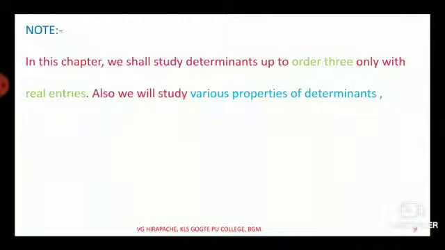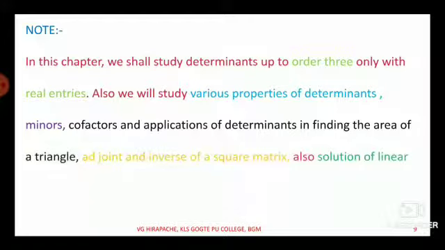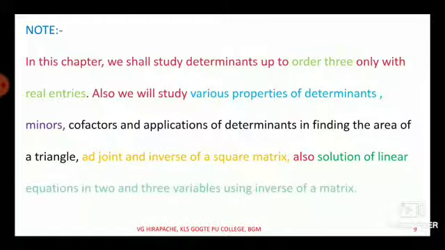Also, we will study the various properties of determinants, finding minors, cofactors, and applications of determinants in finding the area of a triangle, adjoint, and inverse of a square matrix. Also, we will find the solution of linear equations in 2 and 3 variables using the inverse of a matrix.